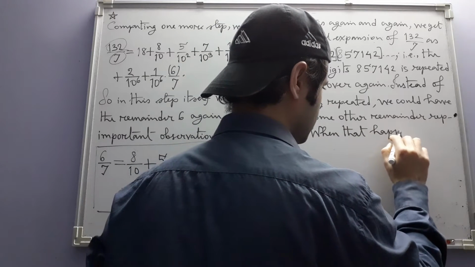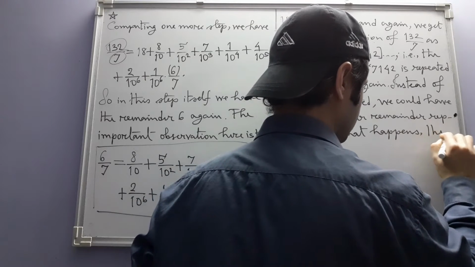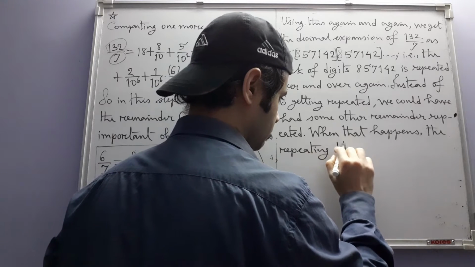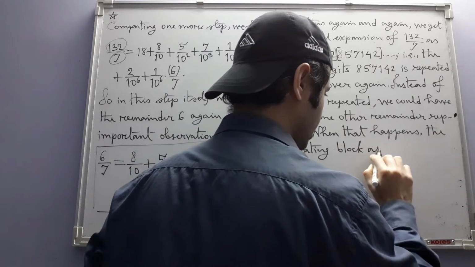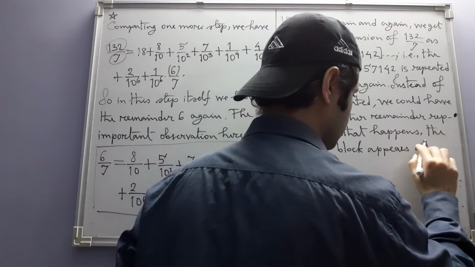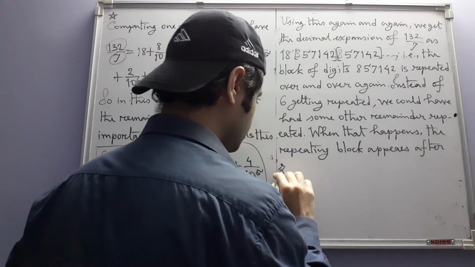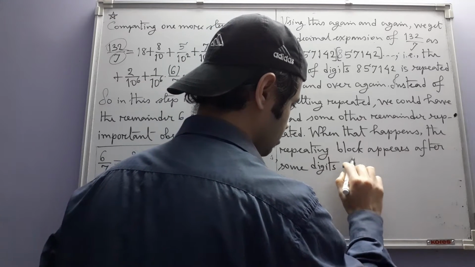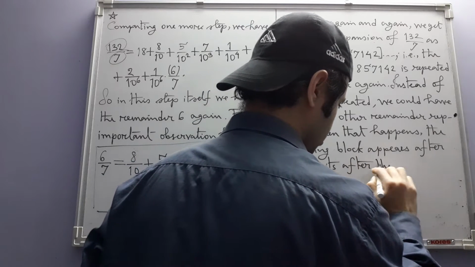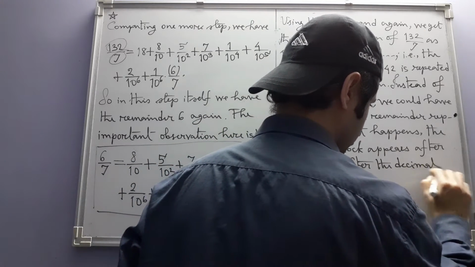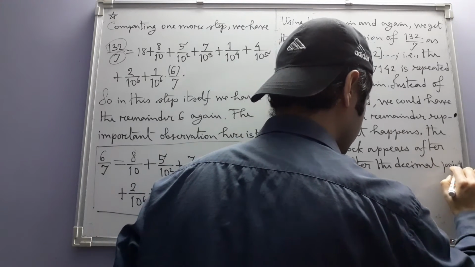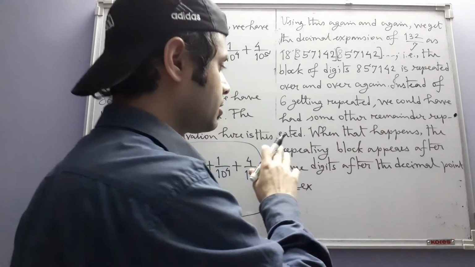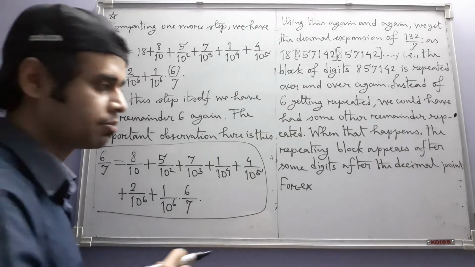When that happens, the repeating block appears after some digits after the decimal point. That is, the repeating block does not appear immediately after the decimal point. There is a gap.